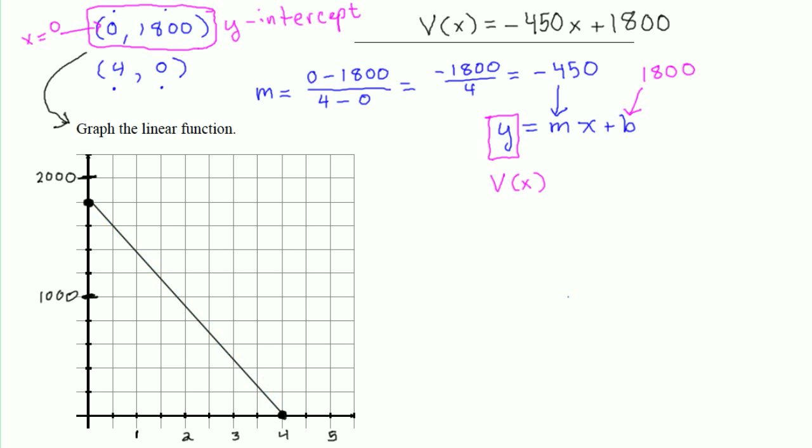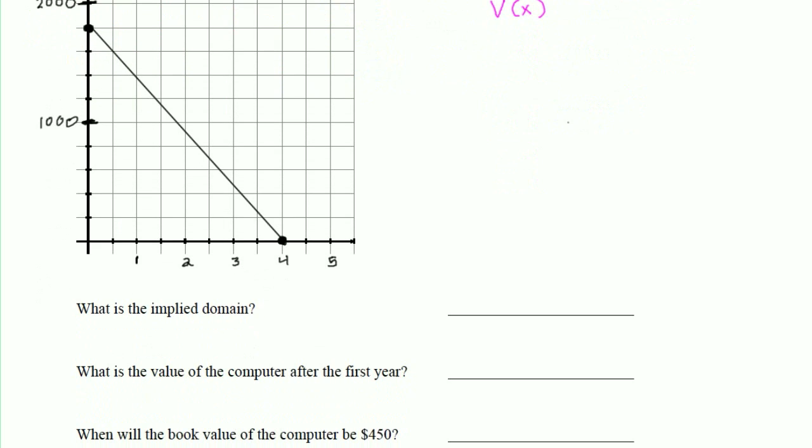So it seems reasonable that only the part that lies in the first quadrant should apply. And that's what we want to think about also when we answer this question about the implied domain. For the very same reasons, we're only going to consider this model while the computer is worth more than $0. So that would be from 0 to 4.